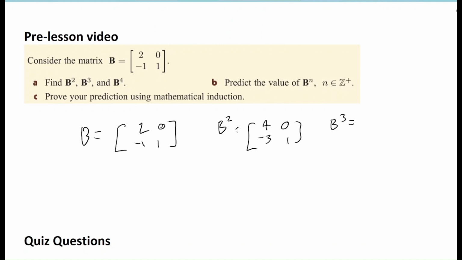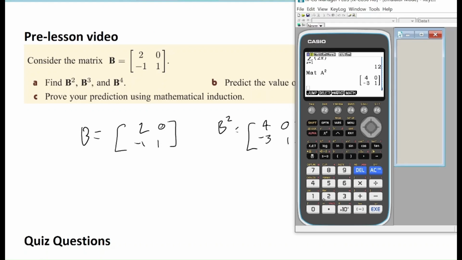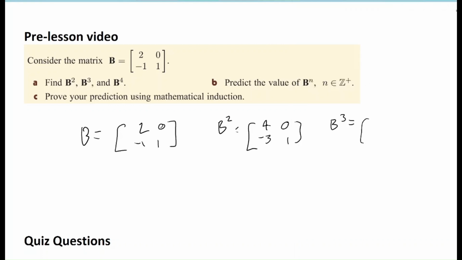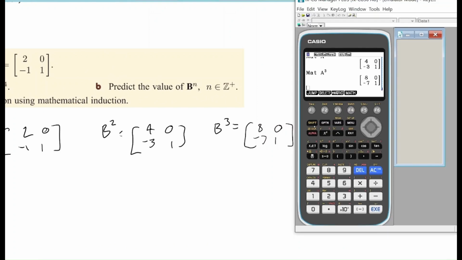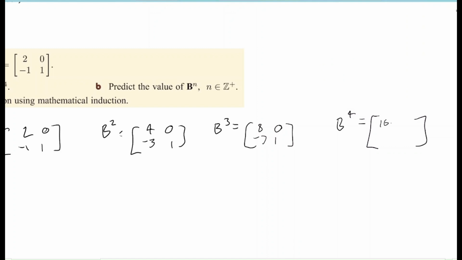B cubed is shift matrix A cubed: [8, 0; -7, 1]. And B to the 4, shift matrix alpha A to the power of 4: [16, 0; -15, 1].